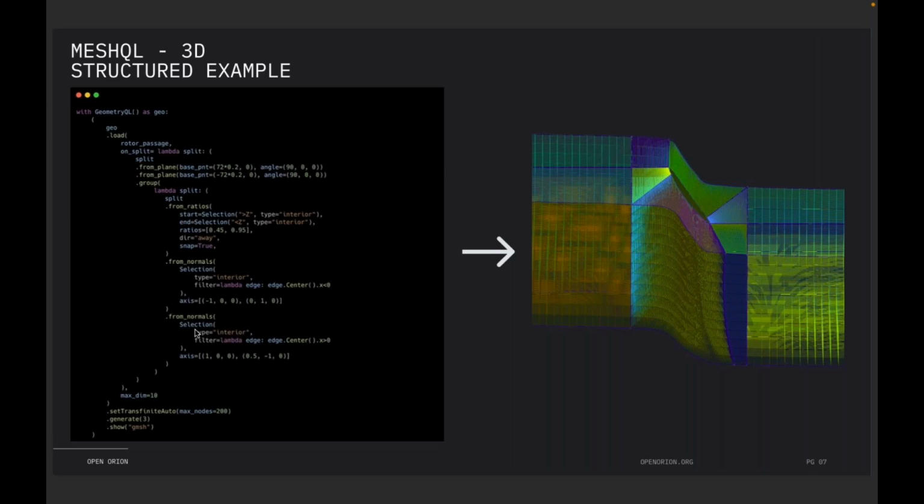And then also you have things like ratios. So it doesn't matter necessarily what your geometry is. It'll take it along some certain amount of ratio along this wire, and then it'll do a normal split and then try to snap with the closest edge. And so we did this so that parametrically it would try to generate this mesh for a broad spectrum of different types of shapes. So that was the approach there to try and solve some of those edge cases.